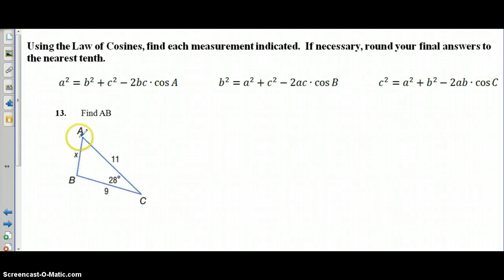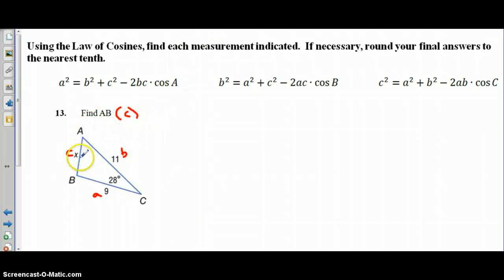Again, with mathematicians and their naming system, finding AB is like finding side little c, because we have angle C, and across from that is side little c. We have angle A, and across from that is little a, and with angle B, across from that is little b.